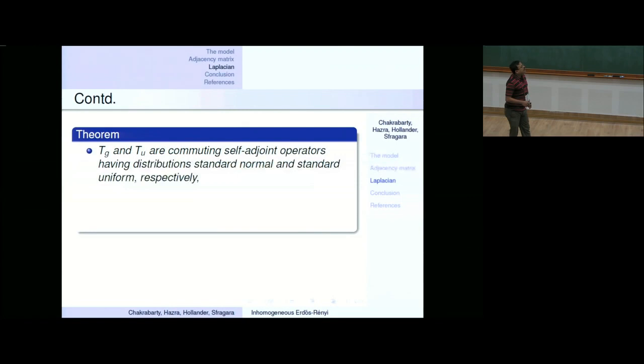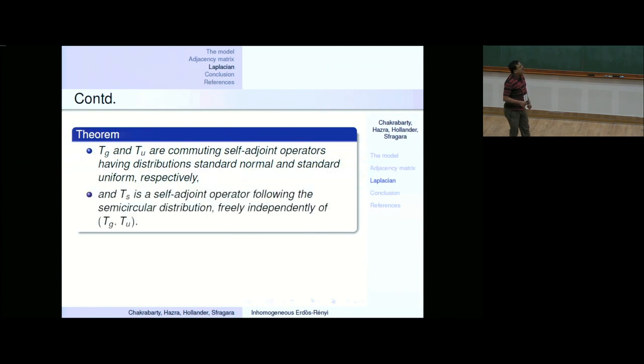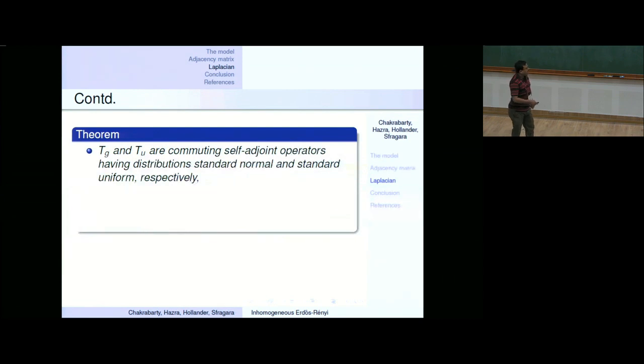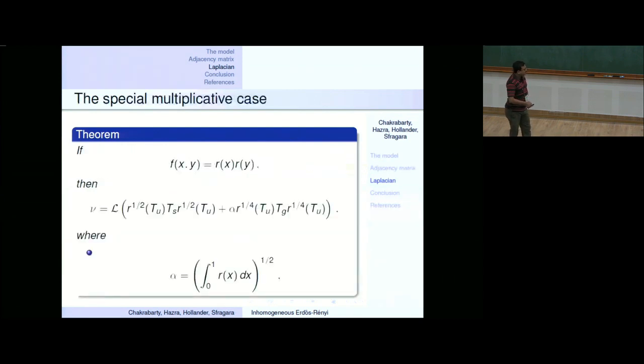Tg and Tu are commuting self-adjoint operators having respective distributions normal and uniform, and Ts is a self-adjoint operator having the semicircular distribution which is freely independent of Tg and Tu. Okay? So after having looked at this slide, let's go back to the previous one. So now we understand what our Tu, Ts and Tg are, so this is what nu is.